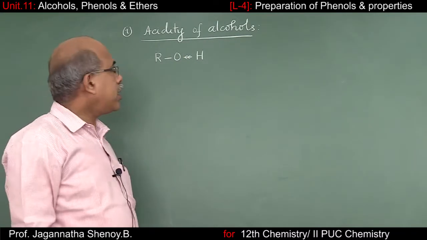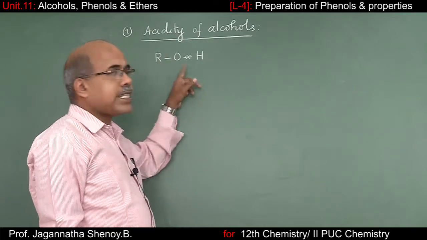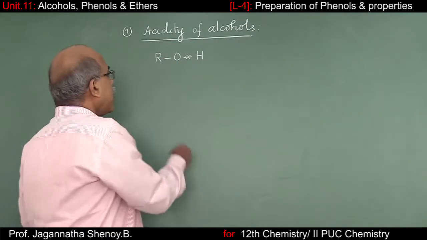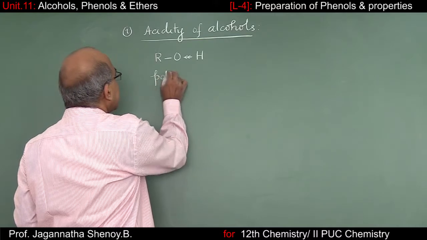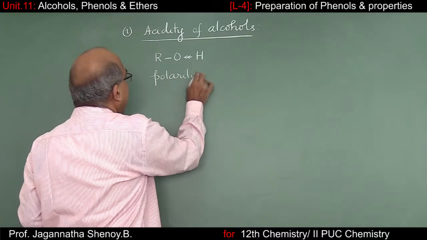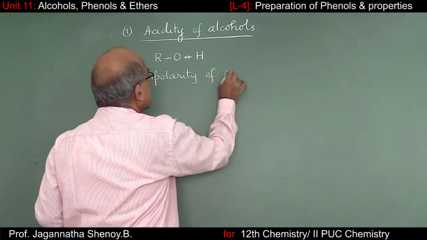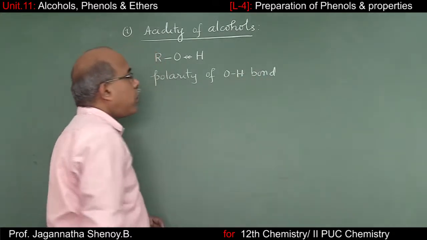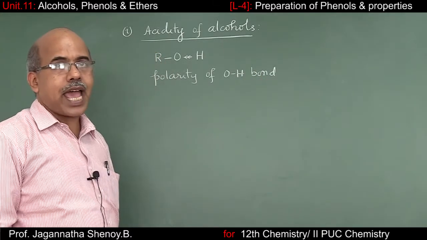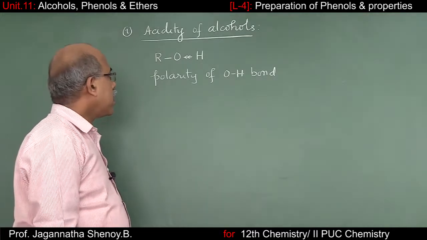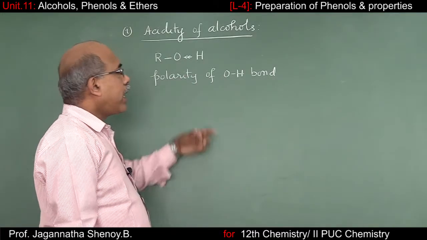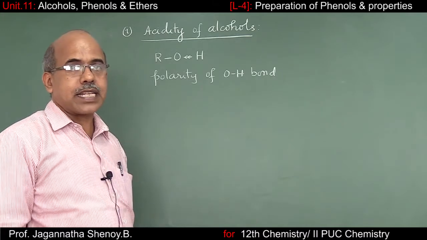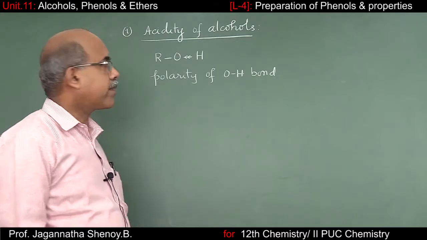Or in other words, the basic reason for the acidic nature of alcohol is the polarity of the OH bond. Greater the polarity of the OH bond, stronger is the acidic nature. Now, knowing this, we can arrange alcohols in the order of increasing acidic nature.